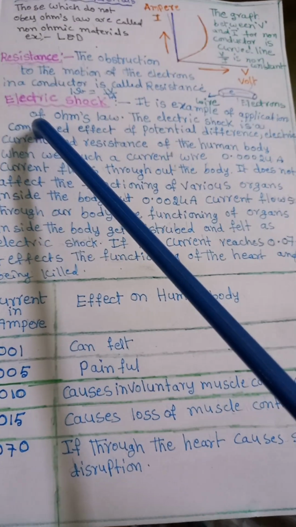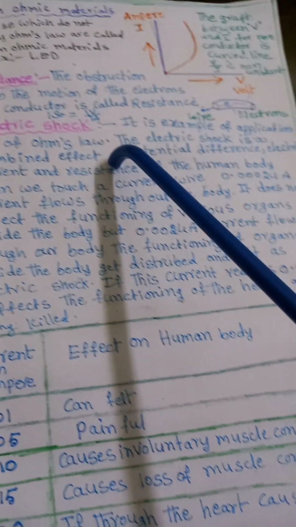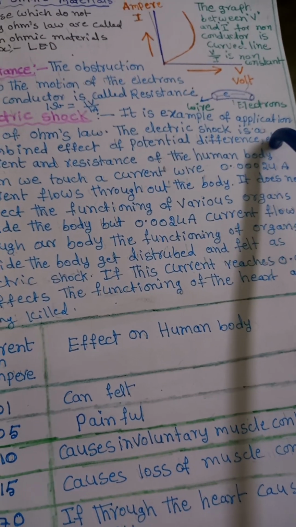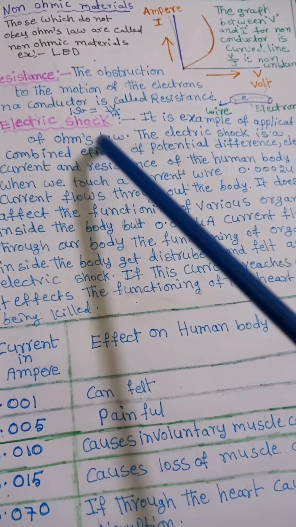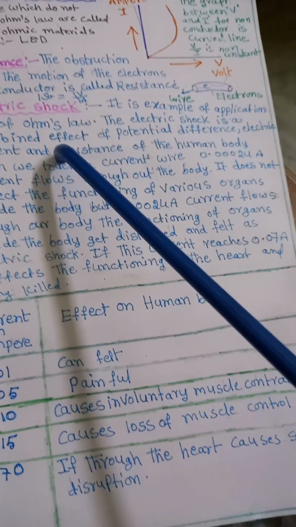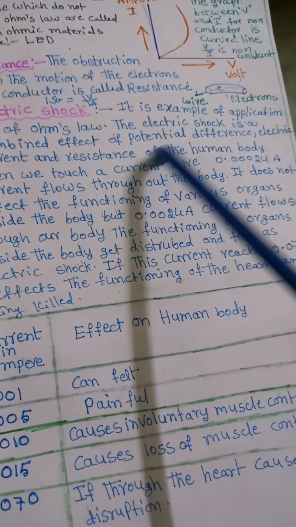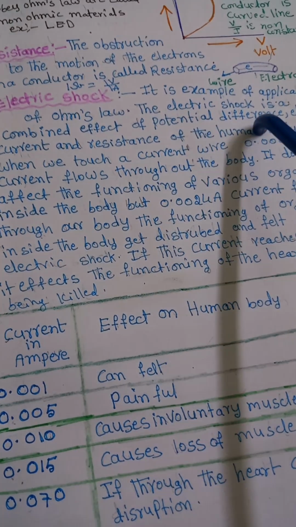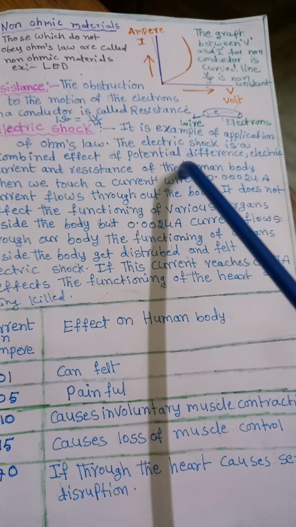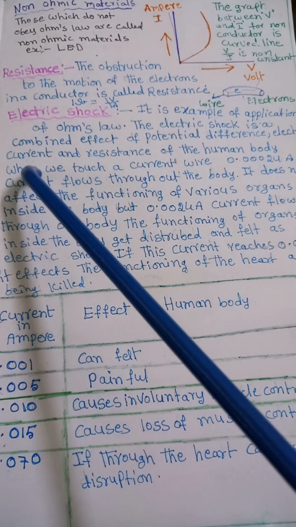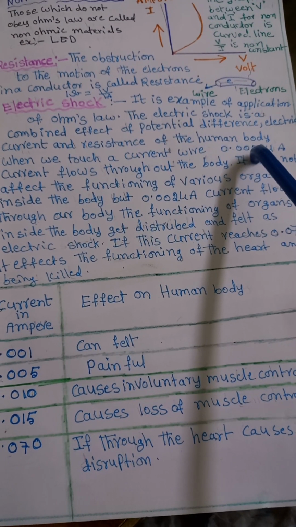Next, electric shock. It is an example of applications of Ohm's law. The electric shock is a combined effect of potential difference, electric current, and the resistance of the human body.